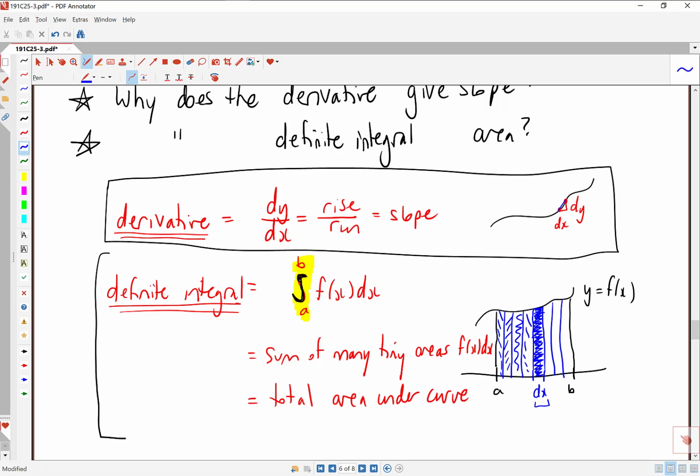You're multiplying the value of your function times that little small change in x, and then you're summing up those things. So in terms of units, a derivative has units of division, and an integral has units of multiplication. And in that sense, taking a derivative and taking an integral are inverse processes.